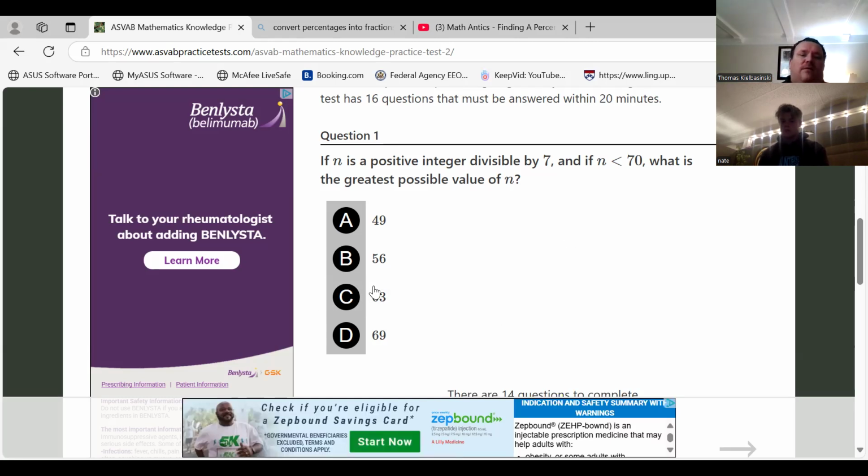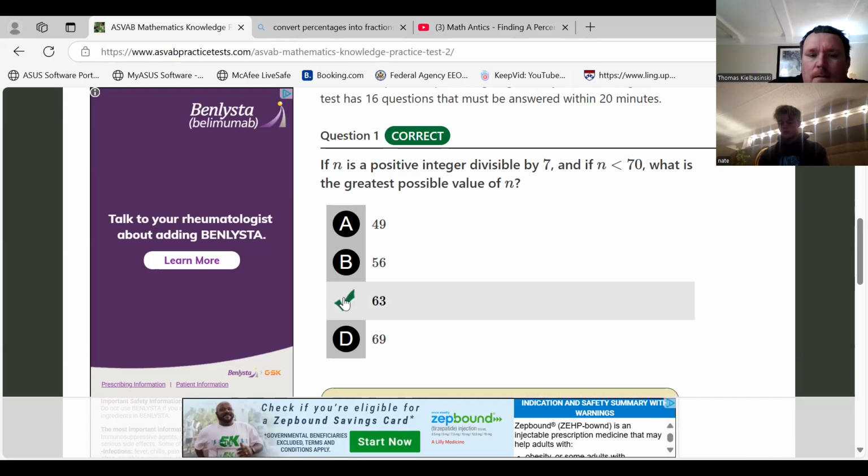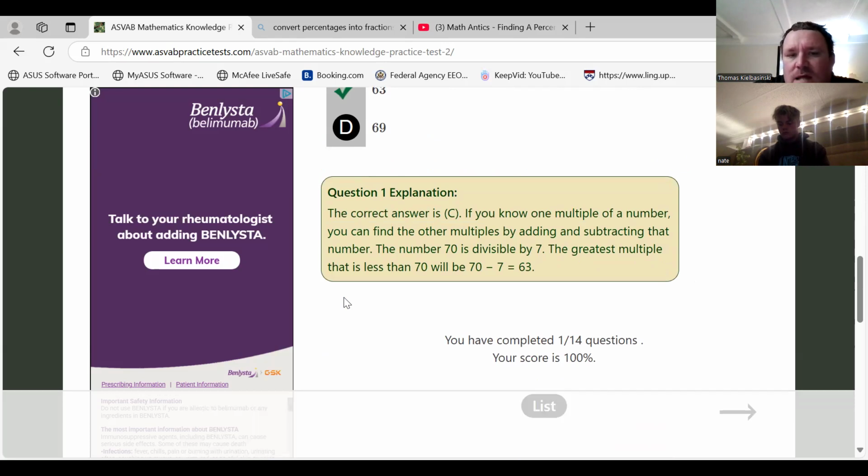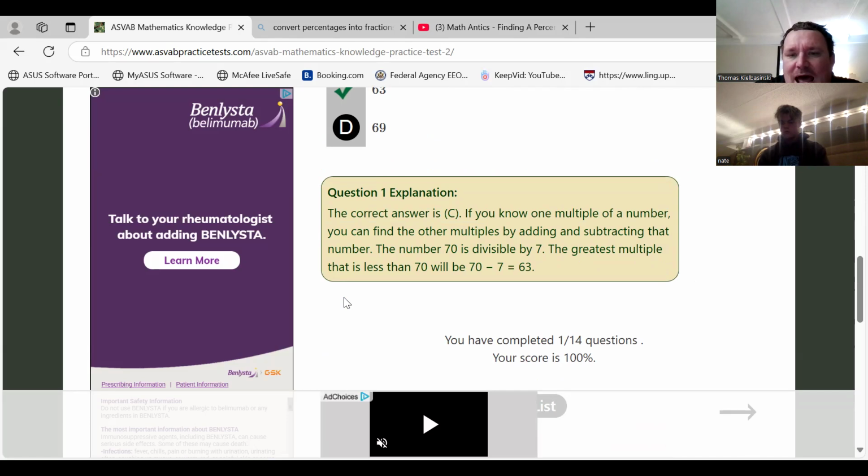Okay, so I did it a little bit differently for you because it is a little bit complicated in itself to figure out the answer. So I broke it down into simple terms. The correct answer is C. If you know one multiple of the number, you can find the other multiple by adding and subtracting the number. The number is divisible by 7.